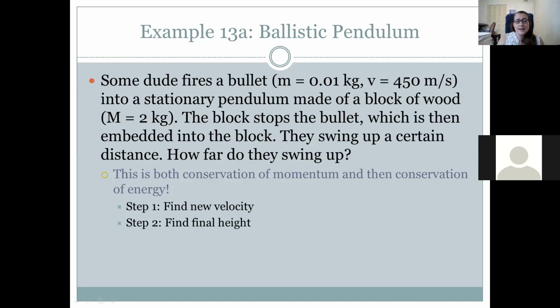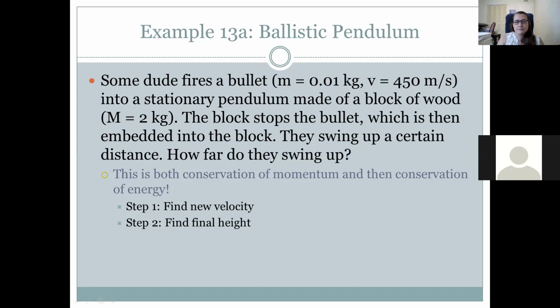And then we know at the end they are connected to each other. The bullet is embedded. So we're dealing with like one slightly heavier object. Mass of the bullet plus the mass of the wood block as it swings up and it has its final velocity. So when we plug in our numbers, the velocity of the wood block is initially 0 because it's stationary, it's just hanging there.